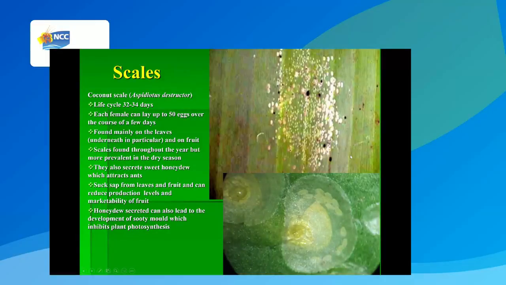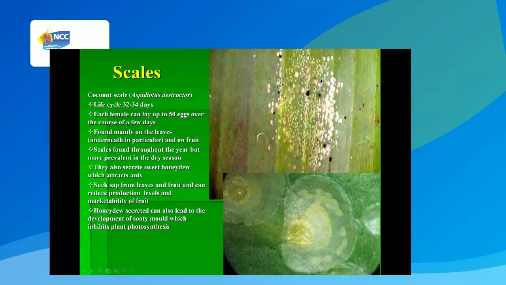The circular ones you see to the bottom are the females, and those yellowish looking blobs underneath the scale are the young, which they can produce in very large numbers. And these young crawl all over the plants, find a good spot to sit down and begin to suck the sap out of the leaves. And they remain there for the rest of their lives.